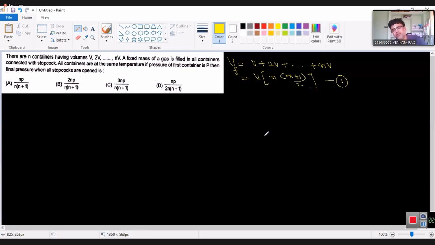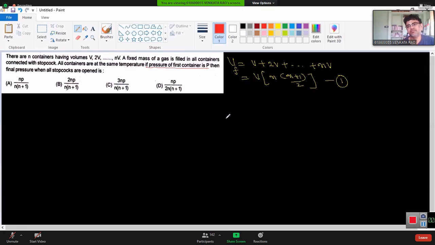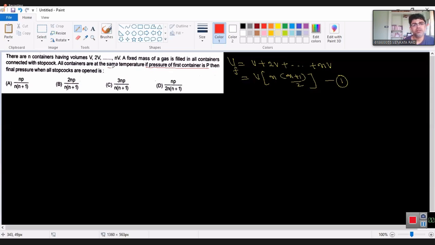It is given P. What is the pressure in the second container? P1 V1 equals P2 V2. Very good. Why? Because it is mentioned same temperature.